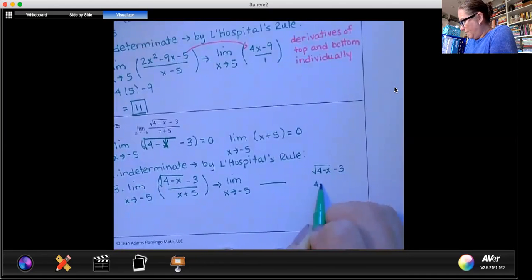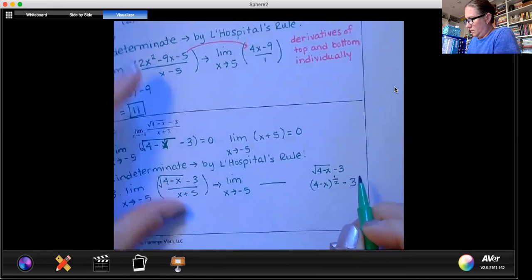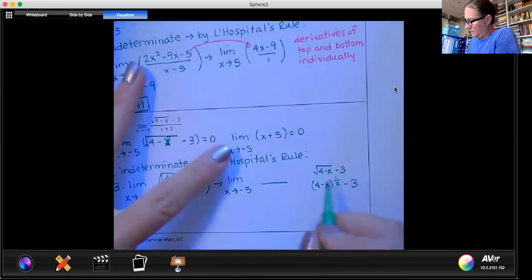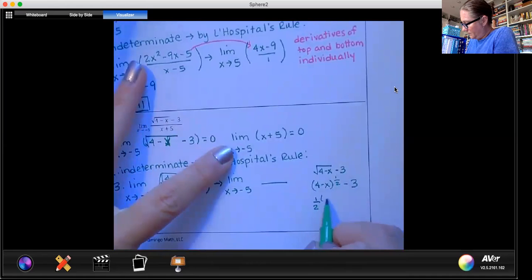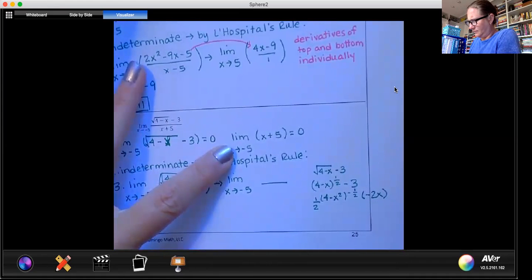So that's 4 minus x to the 1/2 power minus 3. Negative 3 is going to have a derivative of 0. So bring down 1/2, minus 1 times the derivative of the inside. Don't forget that.